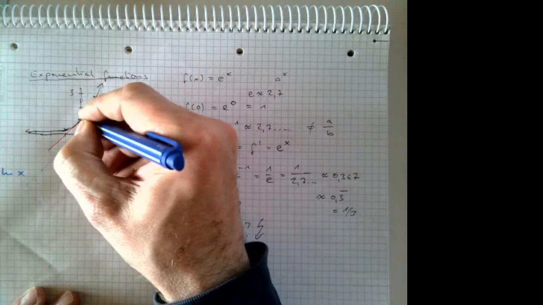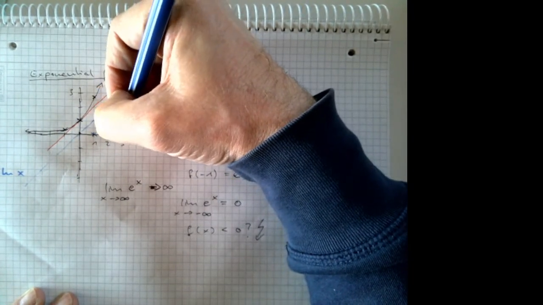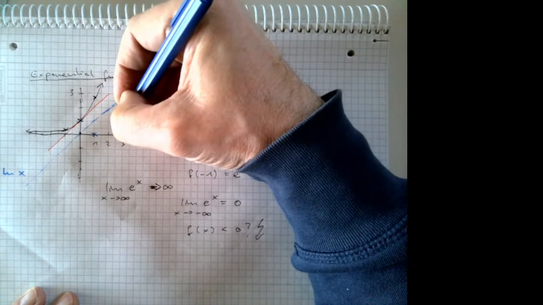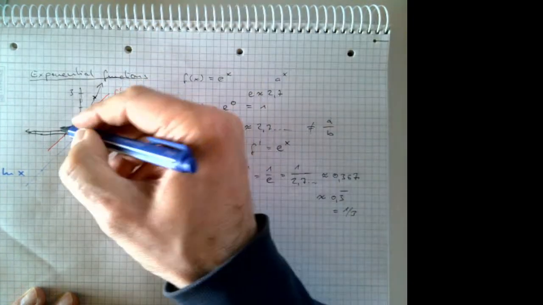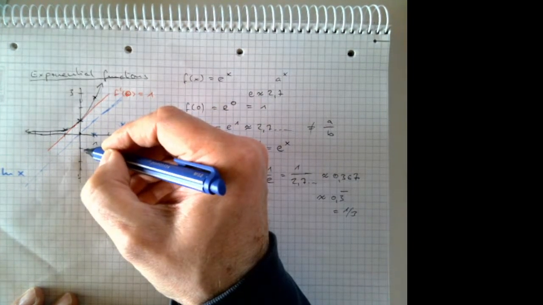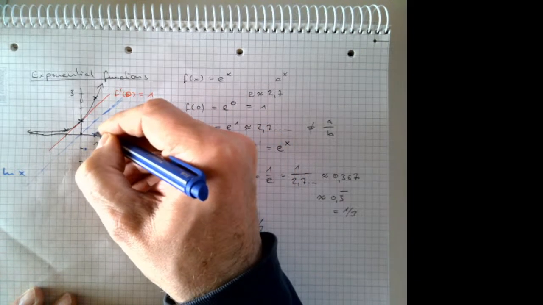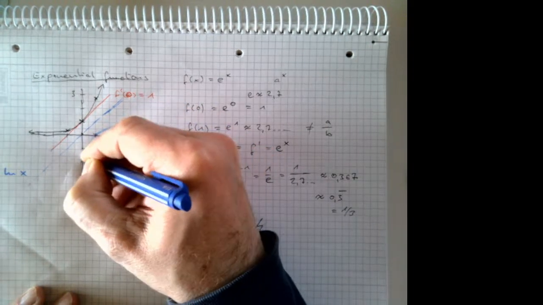So this point would be mirrored here, and this one would be, where is it? Here, right? And this one here would be mirrored here. This is the ln.